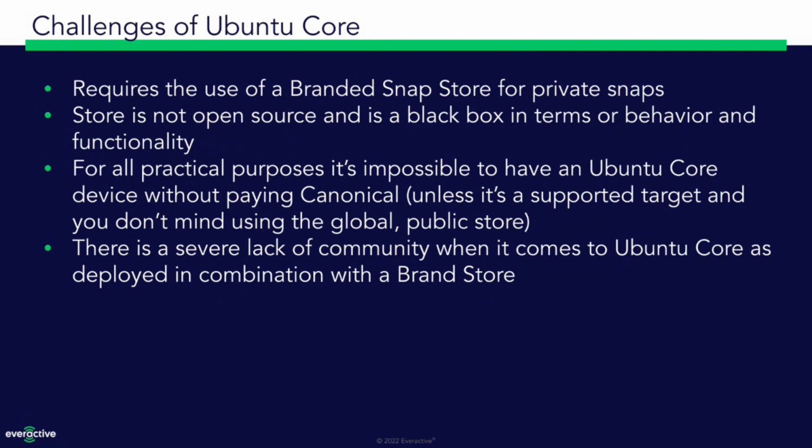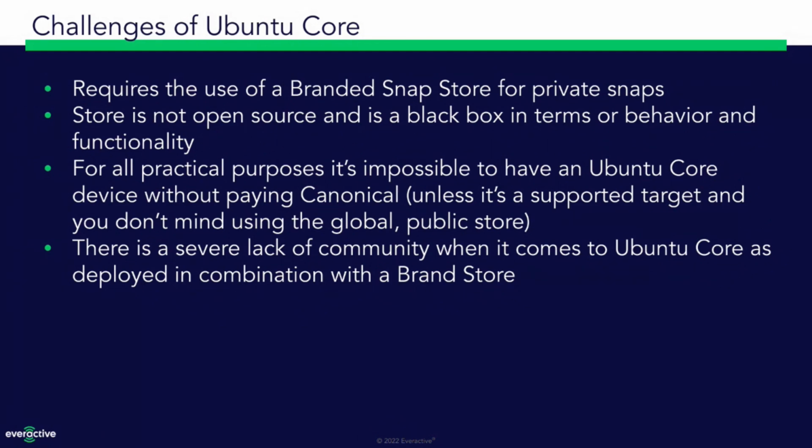So firstly, one of the downsides is that running Ubuntu Core in production on custom hardware does require a brand store. And to have private snaps, you need a brand store. At least to run a device in this context, like having private snaps, having custom hardware, you need a brand store.